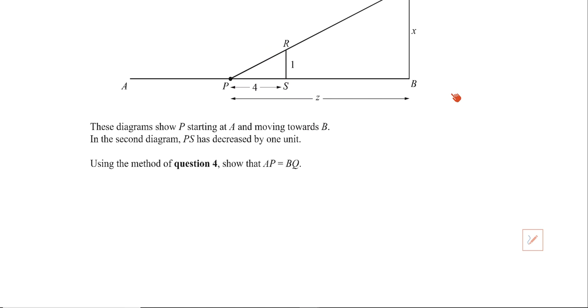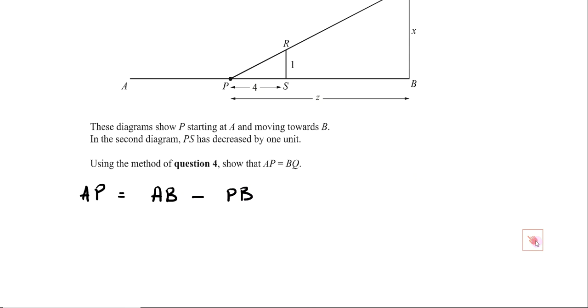Show that AP equals BQ. And this is where you have to show that it works. You can't just say, well, if I say this is true, give a number. So how could we do this now, but not do it for one specific situation? So we would be looking at saying, well, AP is equal to, like we did before, AB minus PB.